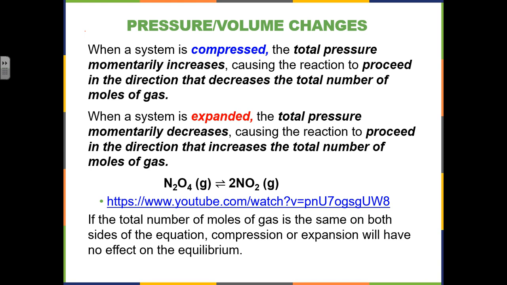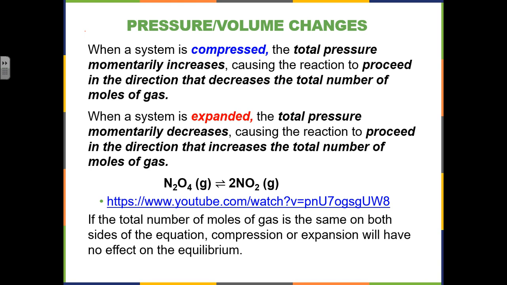To reiterate that, and to understand it better, I've included a link for a visual, because sometimes discussing it may not help. When a system is compressed, the pressure momentarily increases, and this causes the reaction to proceed in a direction that decreases the total number of gases in the system.